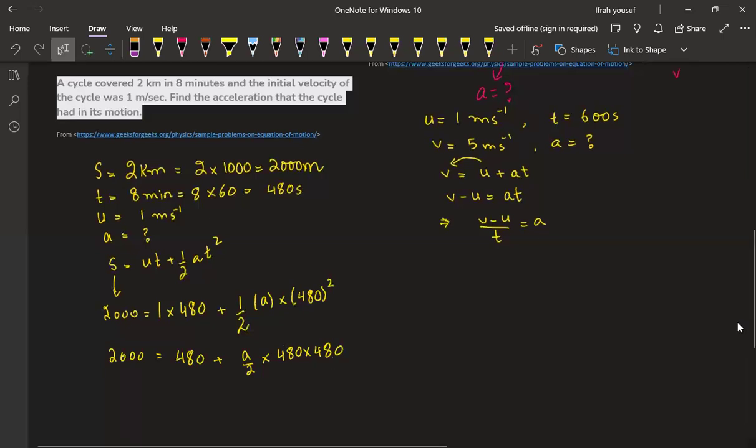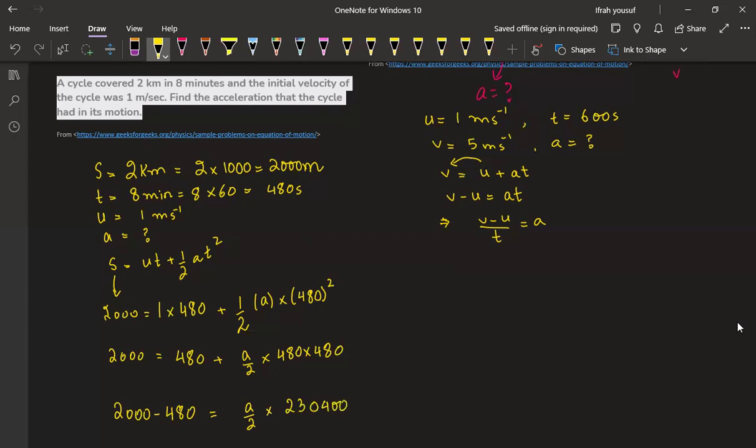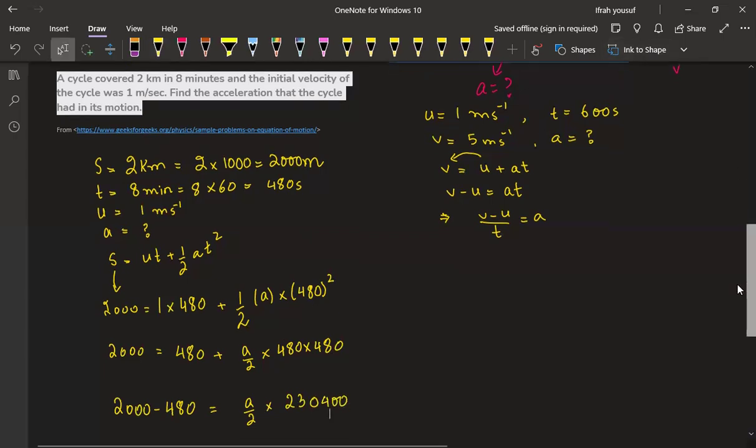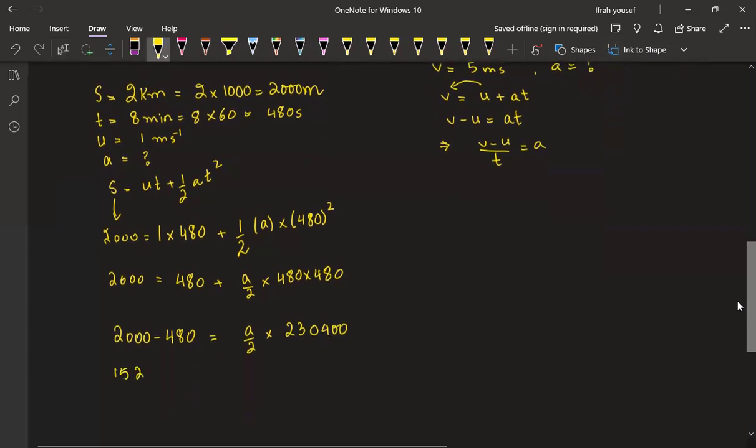So we are going to subtract the 480 from 2000. 2000 minus 480 is 1520, right?